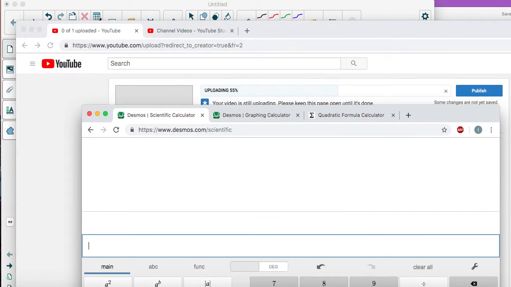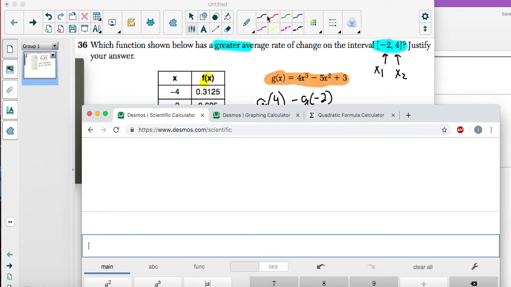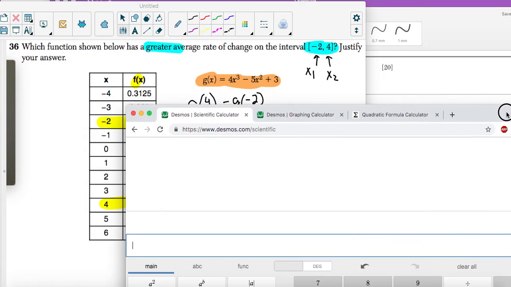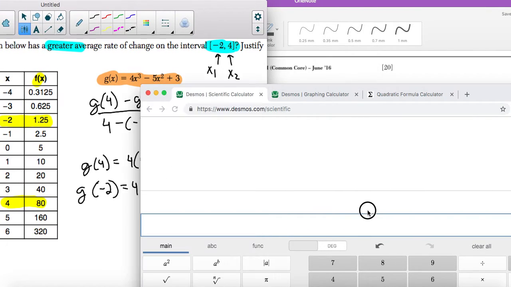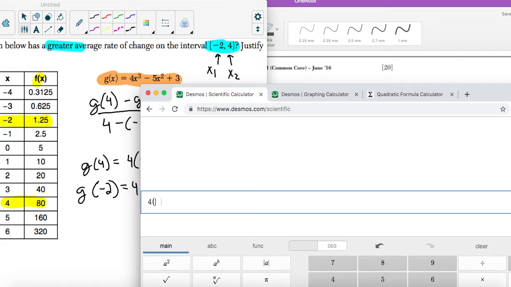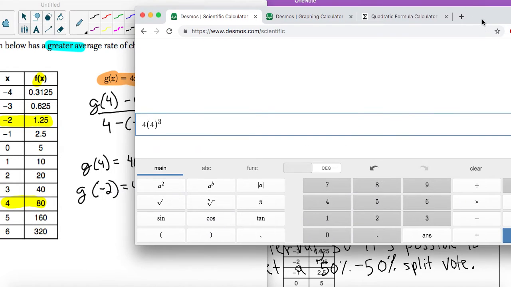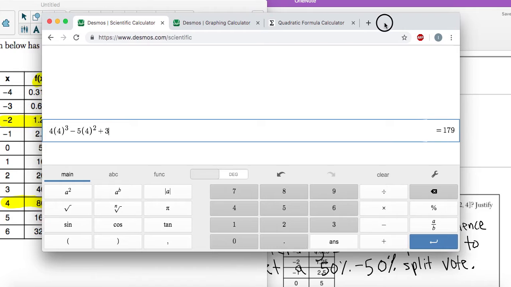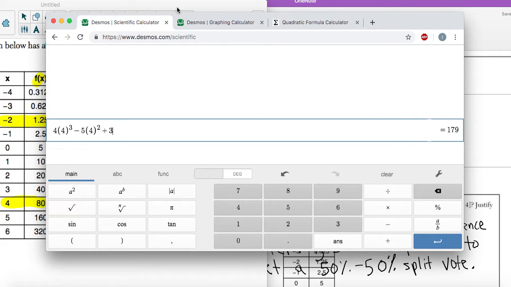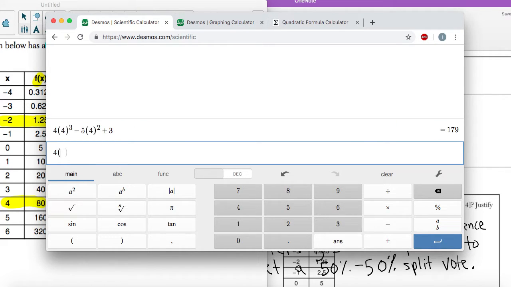So, 4 times 4 cubed minus 5 times 4 squared plus 3 is 179. And let's put the other one in as well, negative 2.